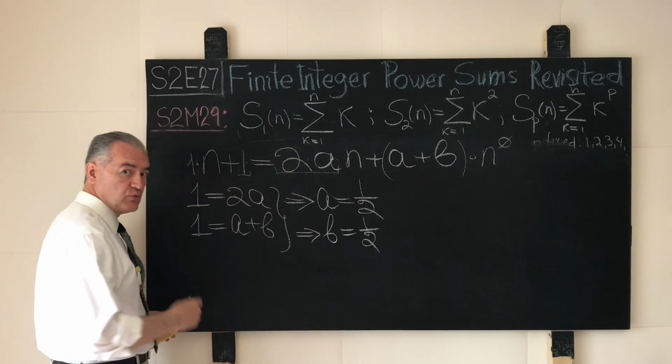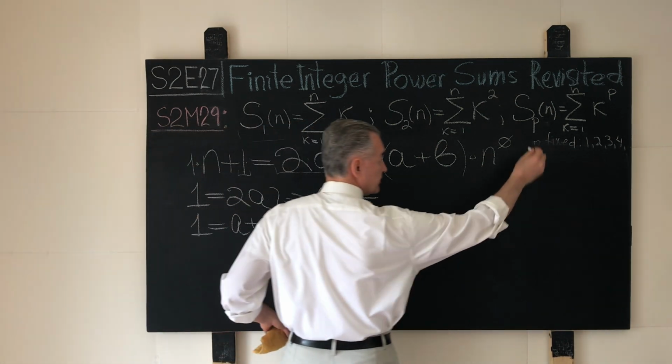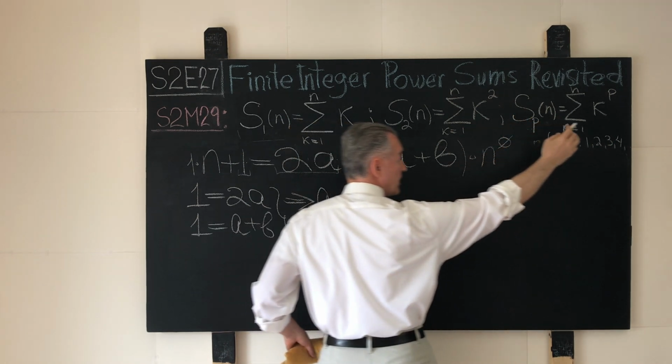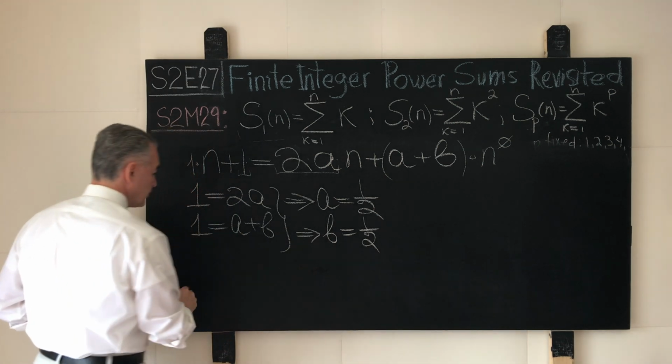So what does that mean? We go back to our previous theorem, which states that each and every finite integer power sum has the shape of a polynomial in n of degree precisely p plus 1. So let's write it down over here.